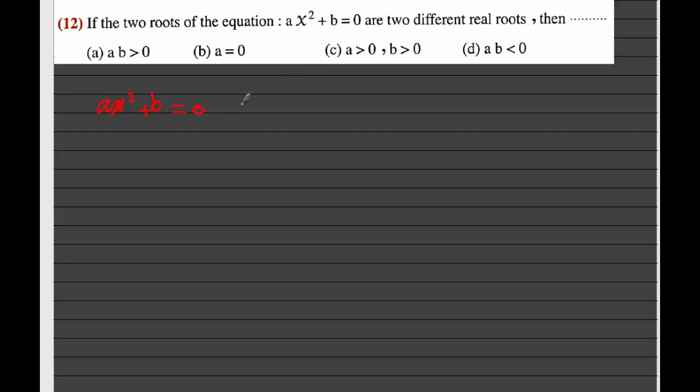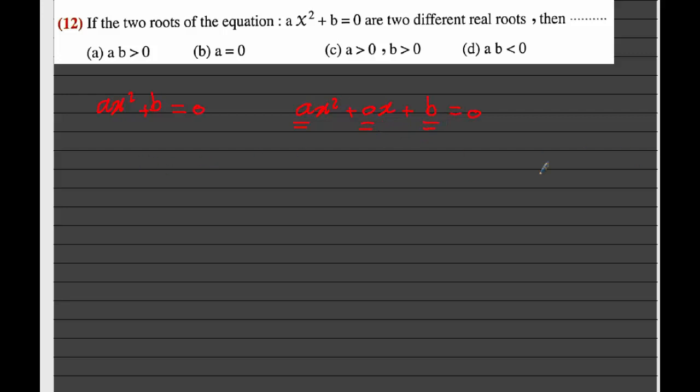And this equation in the form ax square plus 0x plus b equals 0. So the coefficient of x square is a, the coefficient of x equals 0, and the absolute term equals b.